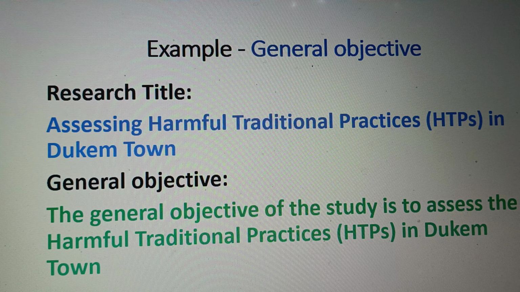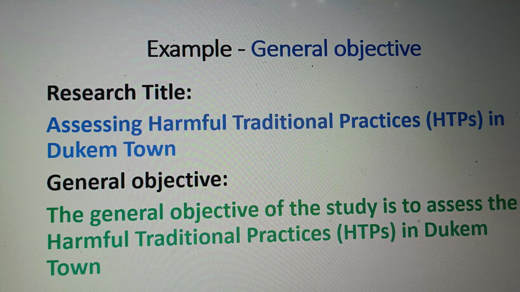Now, let us see some examples. Let us begin with the general objective. Say the research title that I have presented here as an example is Assessing Harmful Traditional Practices in Dukem Town.